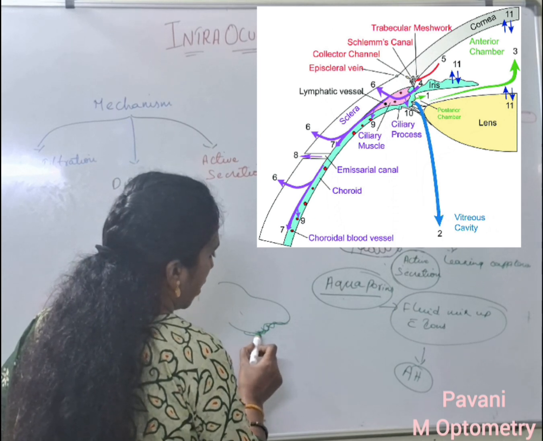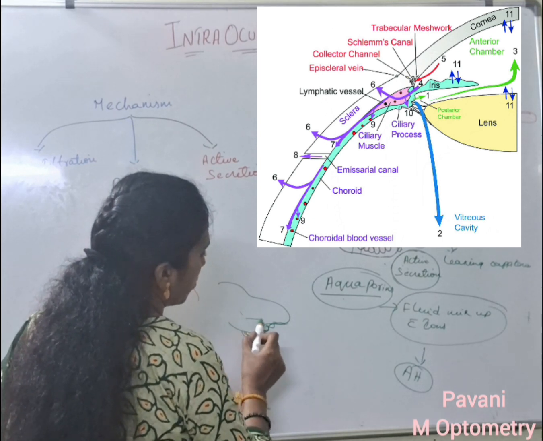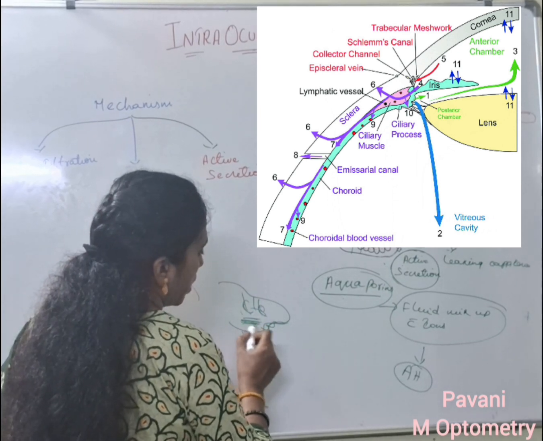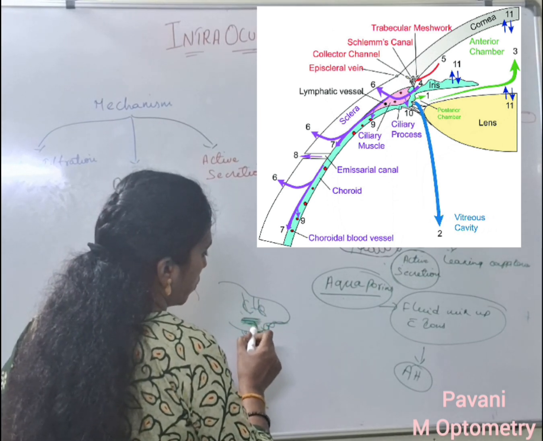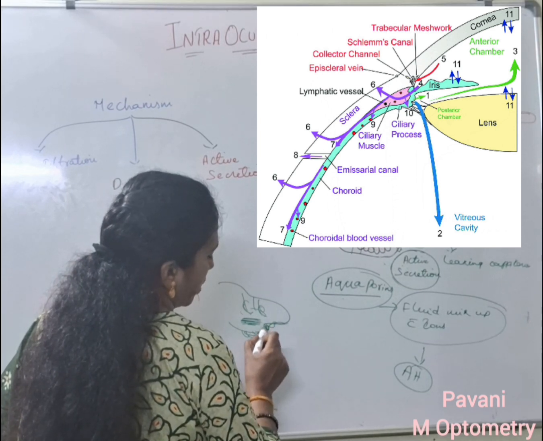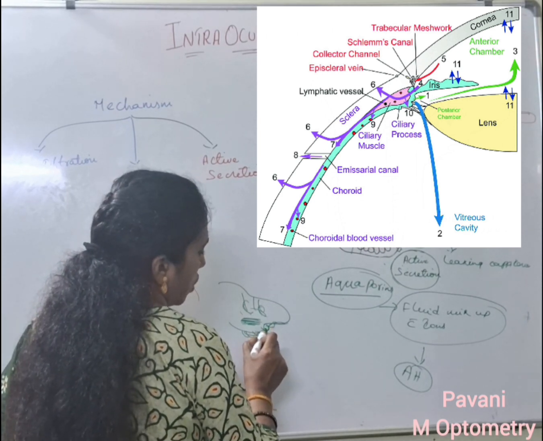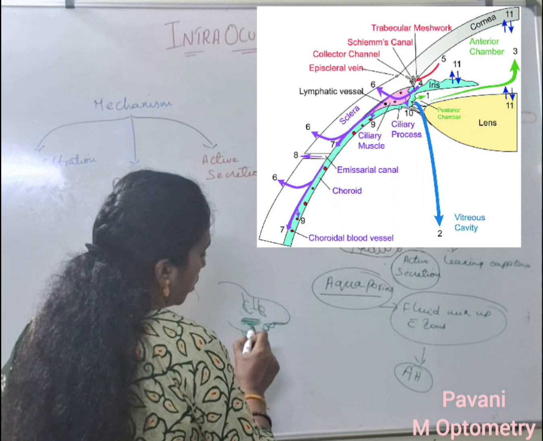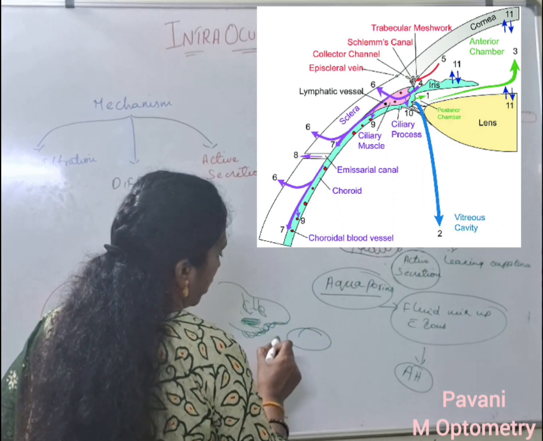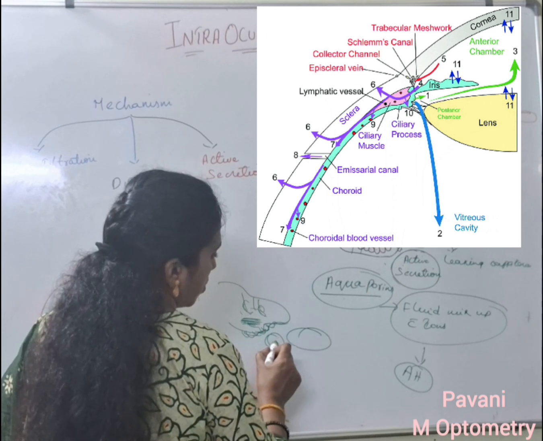Here you will have the non-pigmented epithelial cells. This is the stroma, and here you will have the muscles. The stroma secretes some ions, sodium and potassium, and these ions and salts are secreted into the epithelial cells. The fluid slowly comes into the posterior chamber, and here the fluid mixes with the ions.